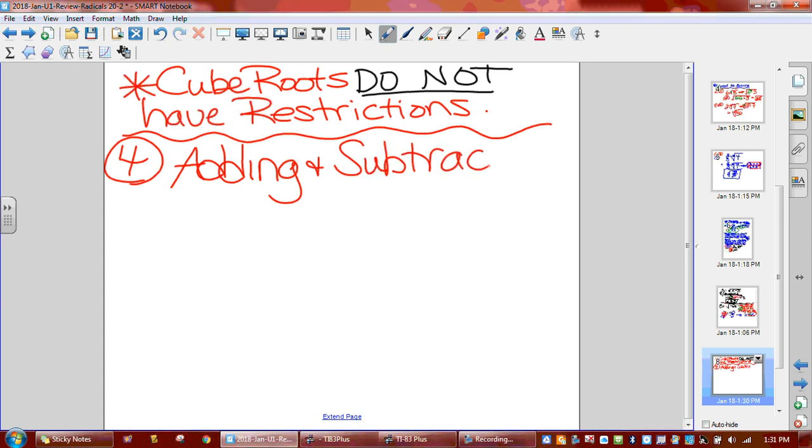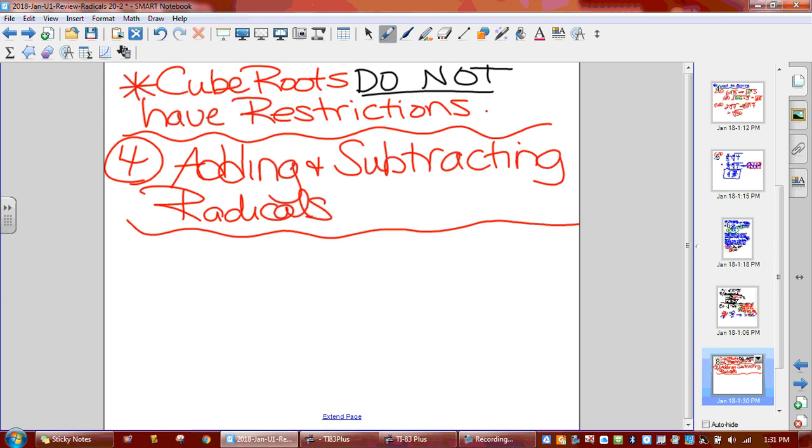So we're going to add and subtract radicals. So your roots don't have to have the x equals 0. Nope. X can be anything. And that's with every odd number index. So a cube root or a fifth root.